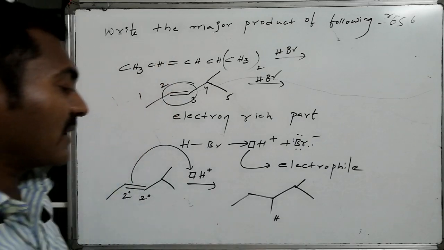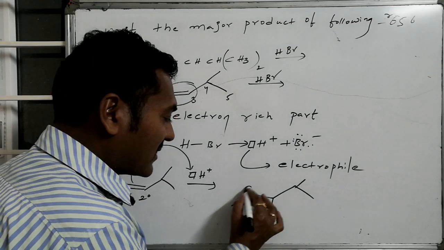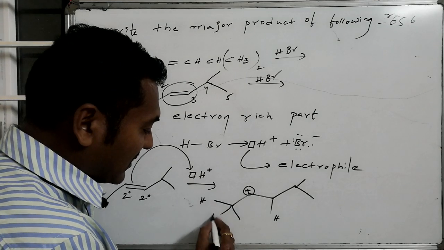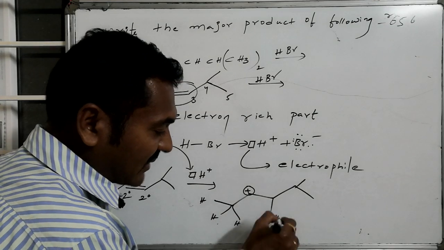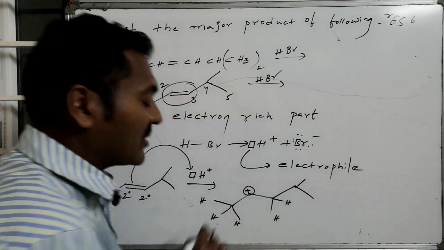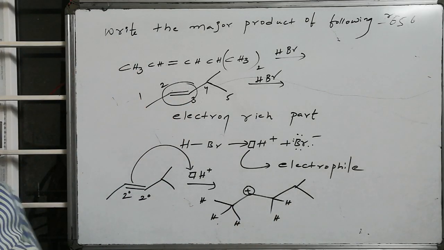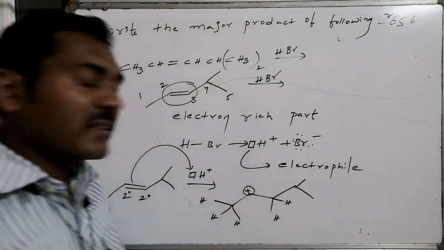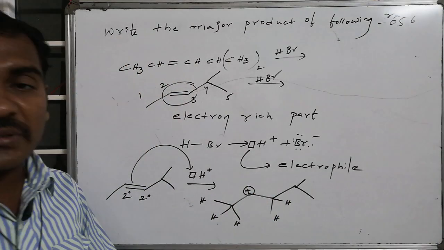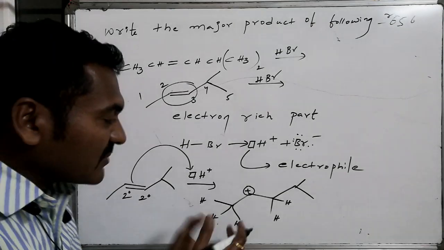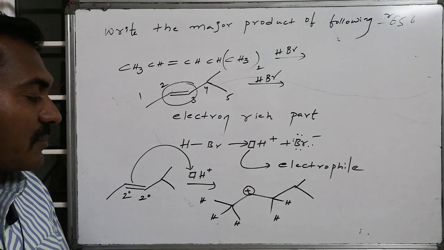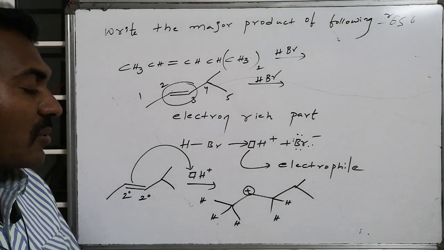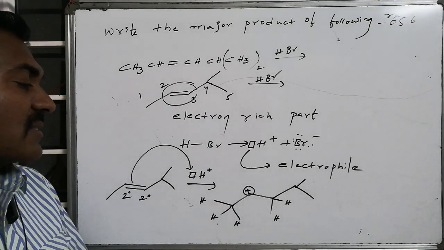Our H plus will be connected from this carbon and it will generate the carbocation, because it has 3 alpha hydrogens at this end, and with this connected H plus it has 2 hydrogens. So 5 hydrogens are present at the alpha carbon, and 5 hyperconjugative structures are present. The maximum number of hyperconjugative structures are present under these conditions, hence this relatively most stable carbocation forms.